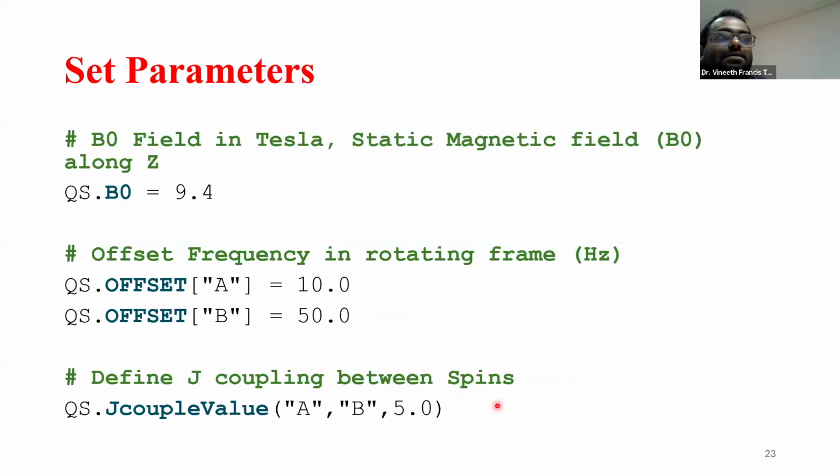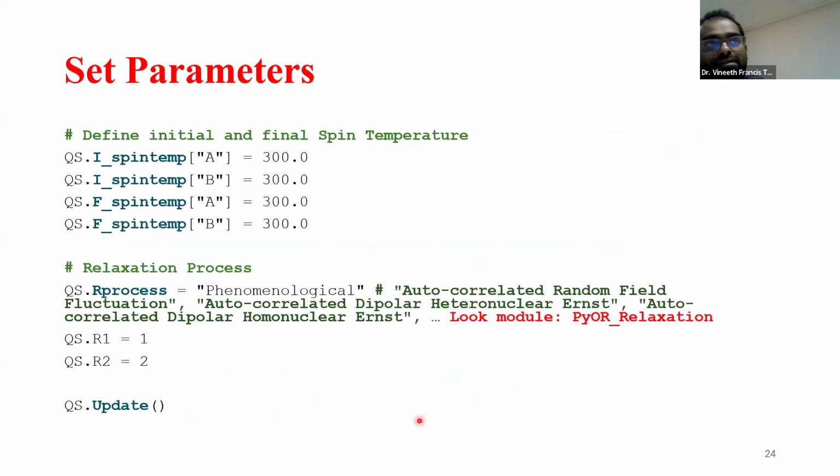Now you define the field in Tesla. Then you can define the offset frequency of spin A and B in Hertz. Then you define your J coupling between A and B, which is 5 Hertz. And you can define the individual initial and final spin temperature of the spins.